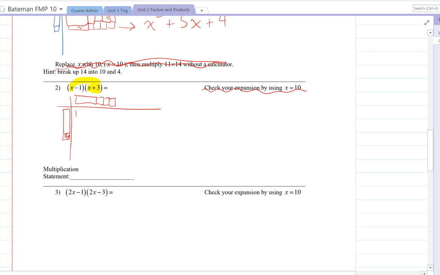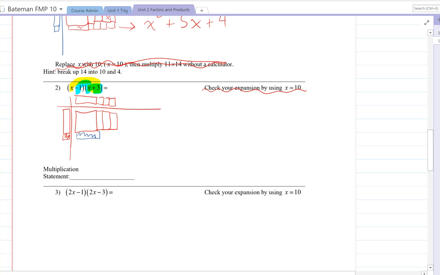And that gives us an x squared and an x times 1, x times 1, x times 1. Then what we have is a negative 1 times an x plus 3. So each part of the first polynomial is multiplied by the second part.